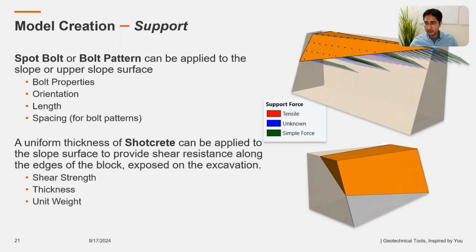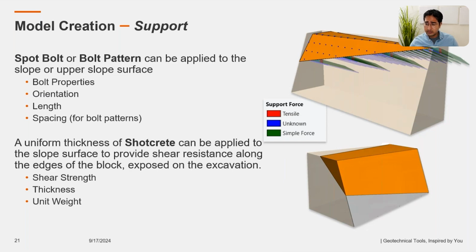Spot bolts, for example, can be applied to the slope or upper slope surface. And another way to add bolts to your model is through our new bolt pattern feature, which is very powerful as it automatically places the bolts on the face of each block. All you have to do is feed the program the spacing and the orientation of the bolts.